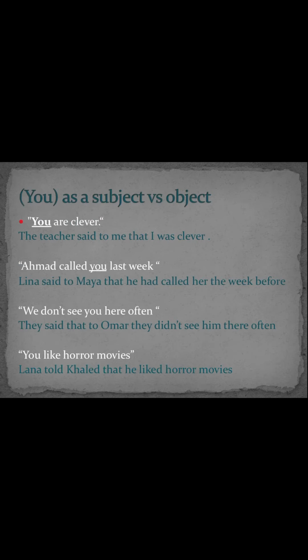Let's see the first example. You are clever. أول إشي the first step to change the sentence into indirect removing the quotation mark. Okay. The second one is changing the pronoun. We changed the pronoun حكينا depending on the speaker بس هذا البروناون you بدنا نعتمد على الريسيفر. طب كيف بدي أعرف الريسيفر؟ The teacher said to me. The teacher is the speaker.